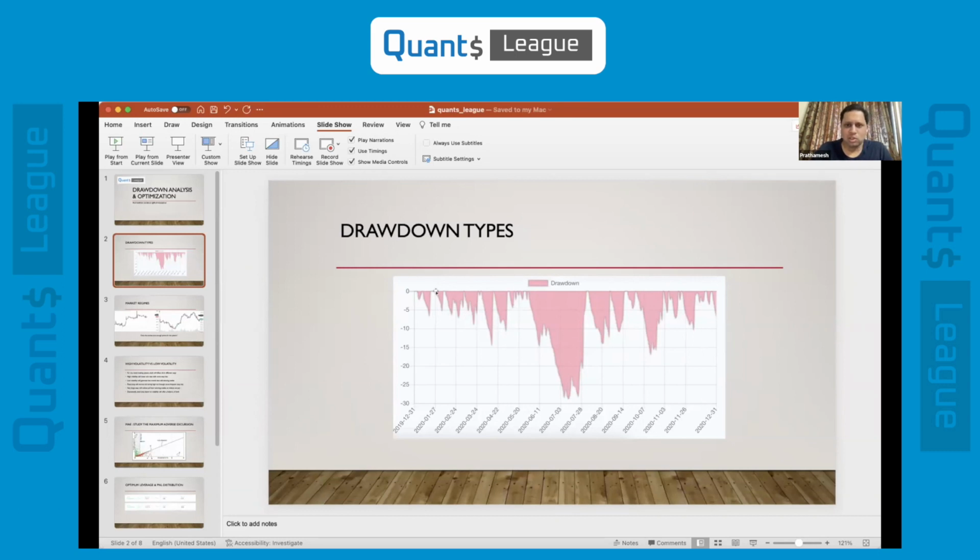For instance, we see that from the start of the year 2020 to almost June, all the drawdowns were very short. If you measured how long it spent in drawdown before going back to the all-time high, it's a very short period, maybe a few days.